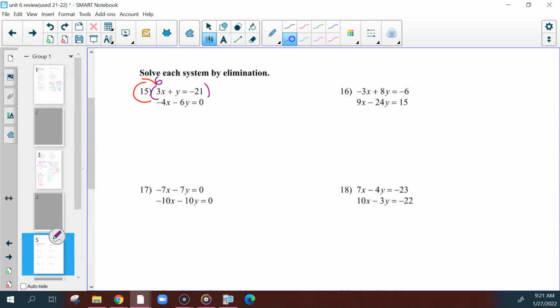Because if you multiply it by just 6, then you would need to add. If you multiply it by -6, then you would be subtracting. So it's up to you. I'm going to say -6, so that way it's exactly the same. So this would be -18x minus 6y equals whatever that is.